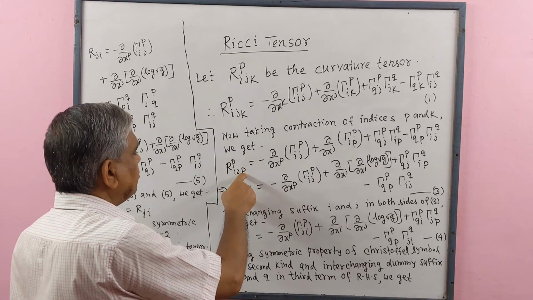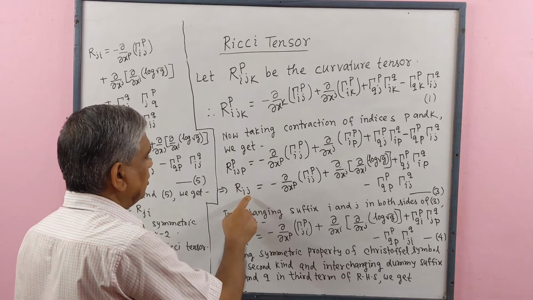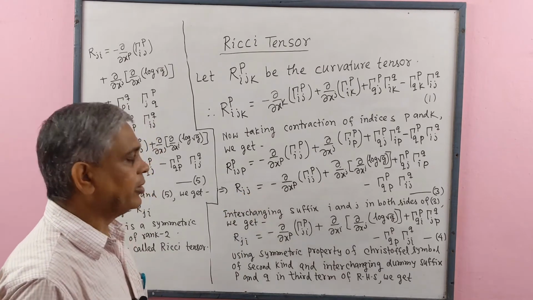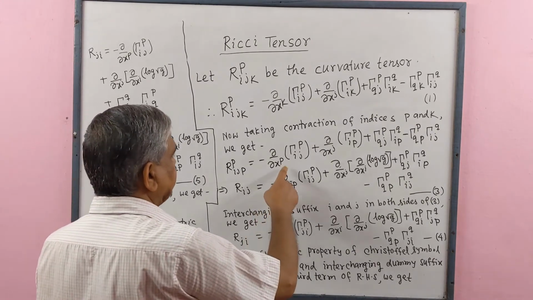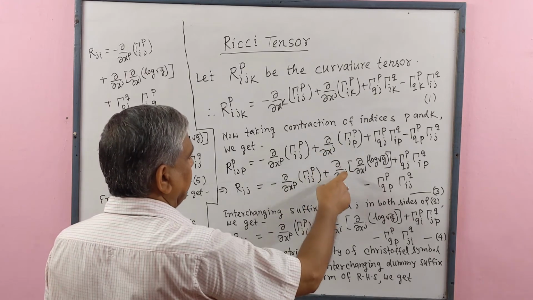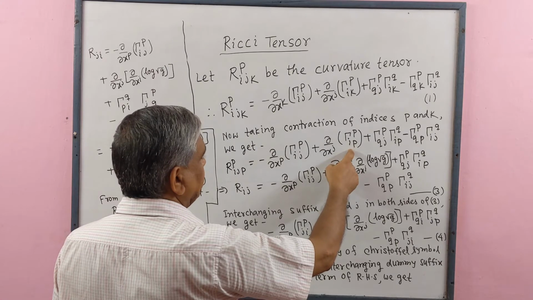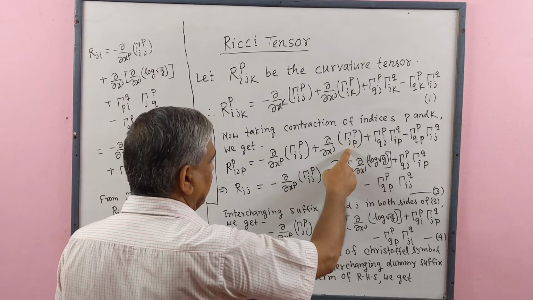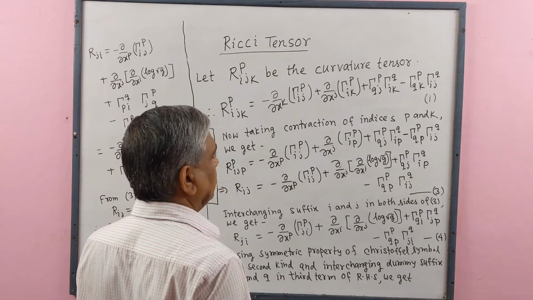After reducing rank by 2, we get a tensor of rank 2. R_ij is a tensor of rank 2. Right side is this term same. This del by del x^j, value of this Christoffel symbol is del by del x^i of log root g.